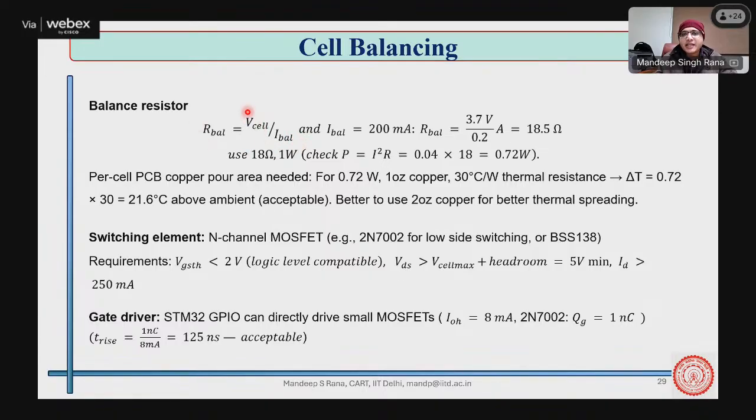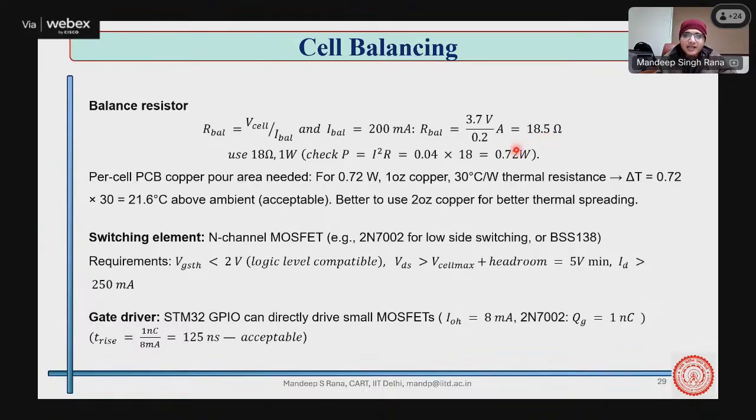You have some cell voltage, which is approximately 3.7, 3.6, 4 volts or so. And then you have the balance current available, which is 100 to 200 milliamps, as I told you. It is approximately 200 milliamps for now in this particular example. And if you put all the values together, it comes out to be 18.5 ohm in this case.